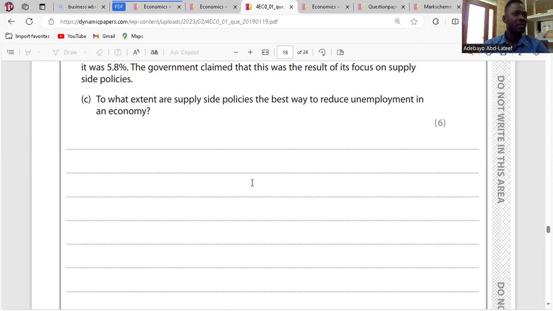Government can use it for unemployment, for example subsidizing firms. If the government subsidizes firms, that reduces their cost of production. As a result, they might be able to expand, which would increase employment opportunities. So government spending on education and training would now be ideal because firms are willing to expand their operations. But if there are no jobs, supply-side policy will not work. Other policies like fiscal policy might work. Clear? Yes.